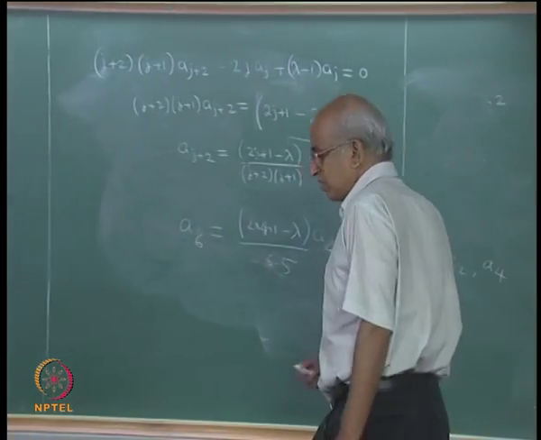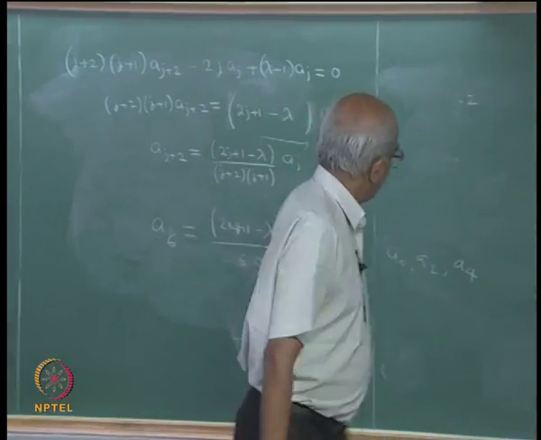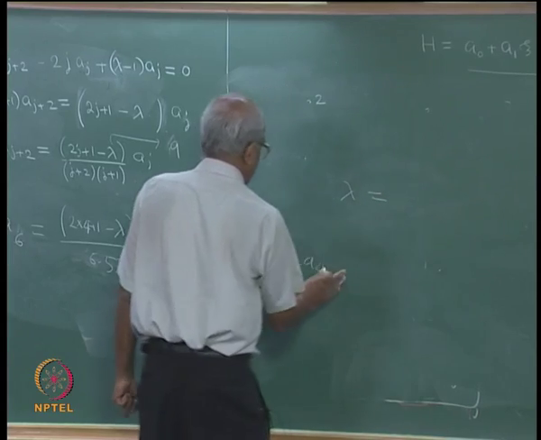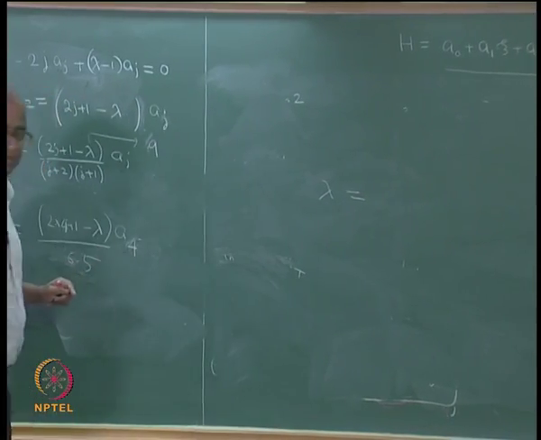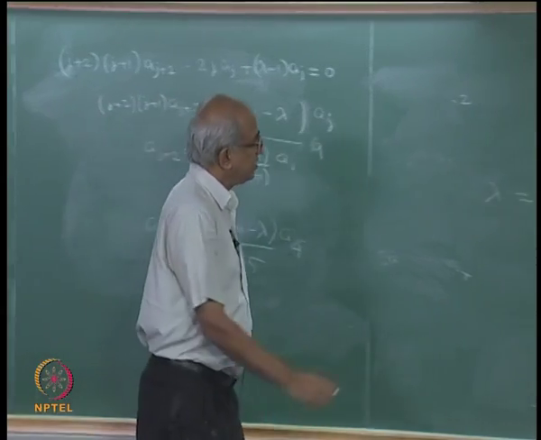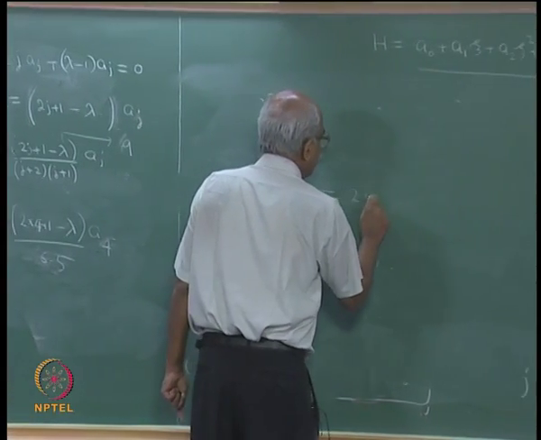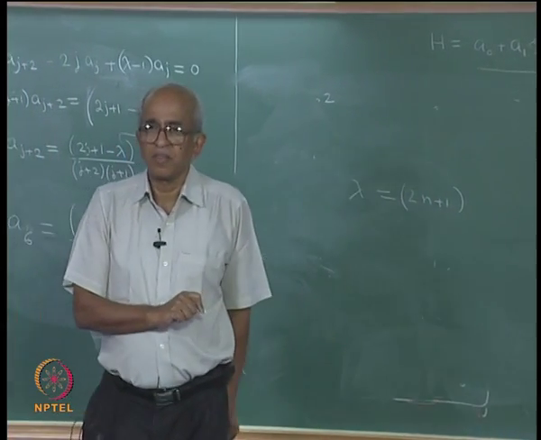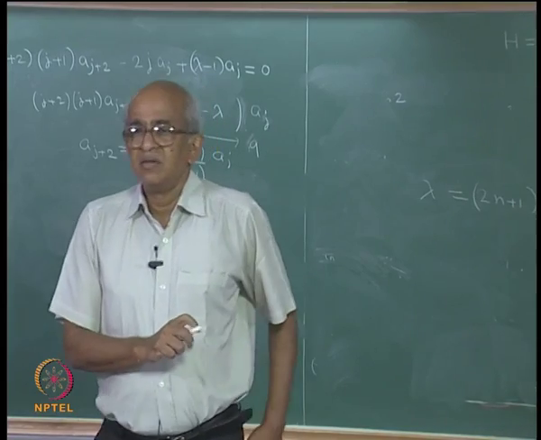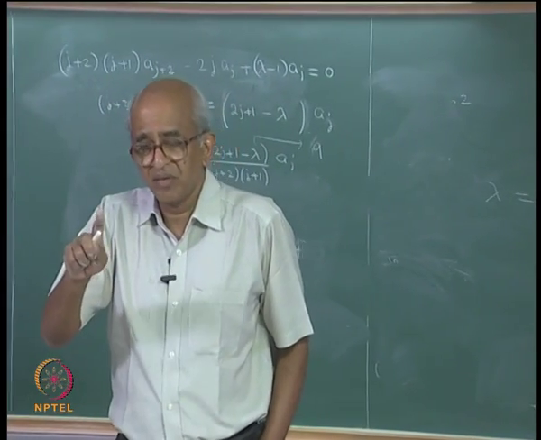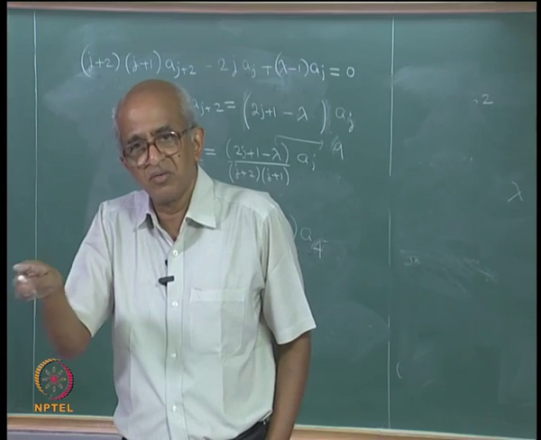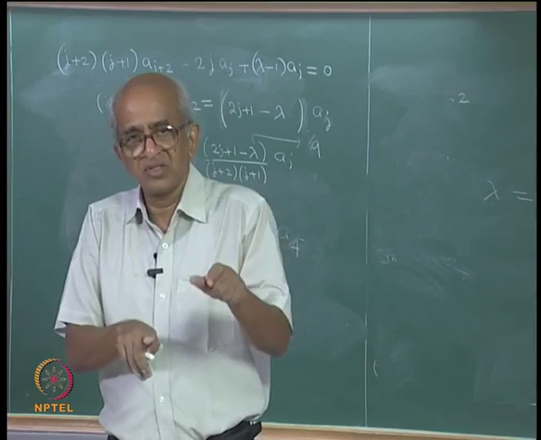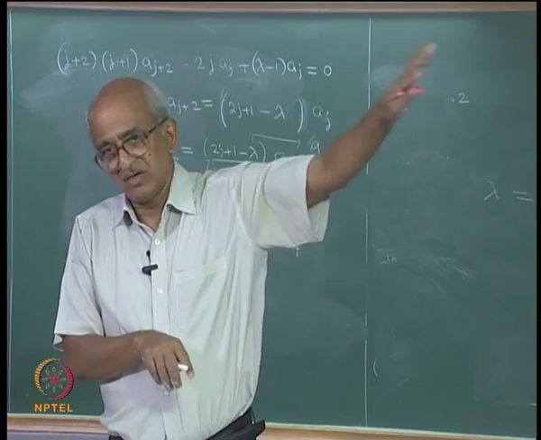So, therefore, what is the solution? The solution is very simple. I should have lambda equal to, what? If I had lambda equal to 2n plus 1, where n is an integer, right, then what will happen is that a n can be non-zero, but a n plus 2 will be 0, and if a n plus 2 is 0, everything higher will also be 0.